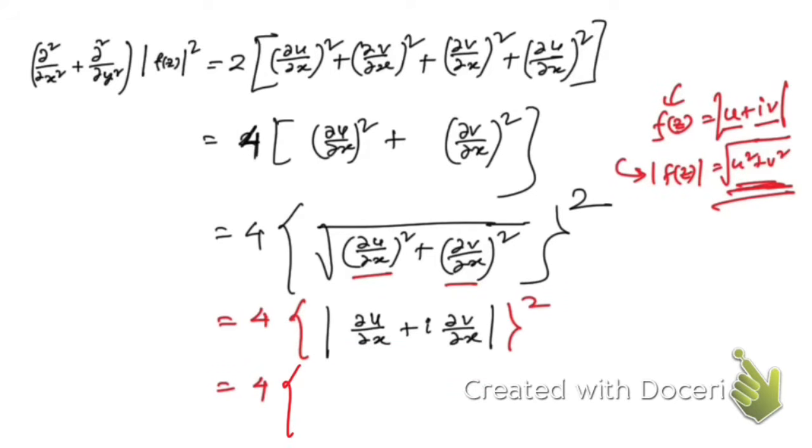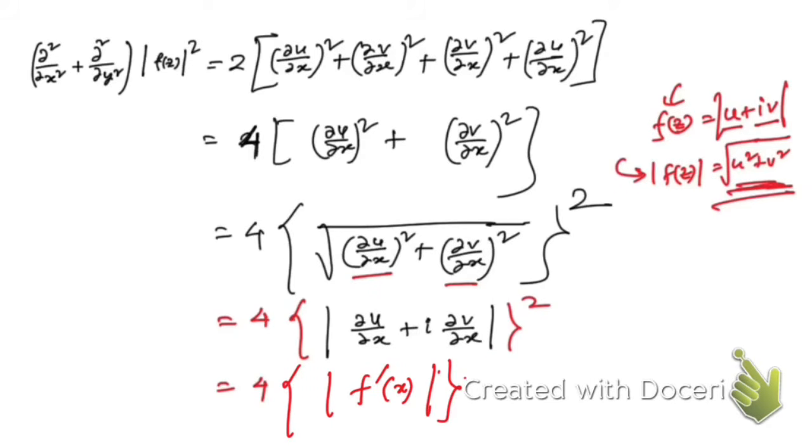So therefore what we can write, here you see, these things can be written this way: mod of del x of (u plus iv), right? We can write that way, and u plus iv is nothing but f of z, and del x of f of z is nothing but f dash of z, right? So that is what we needed to prove. There is a square, okay, this square is written here.